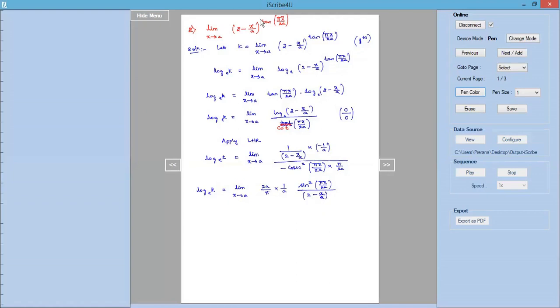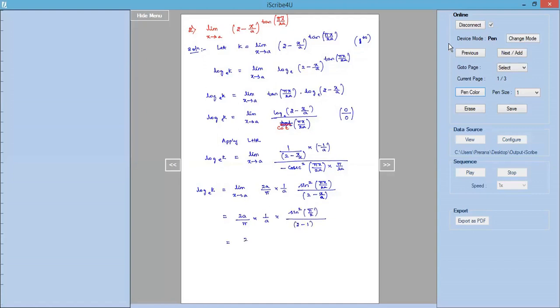Let us obtain that real value by substituting the limit as x tends to a. So 2a divided by pi into 1 by a. Of course, we can cancel a there. Sine 90 we obtain. Sine square pi by 2 we obtain. Divided by 2 minus 1 as x tends to a. So now I cancel a and a.